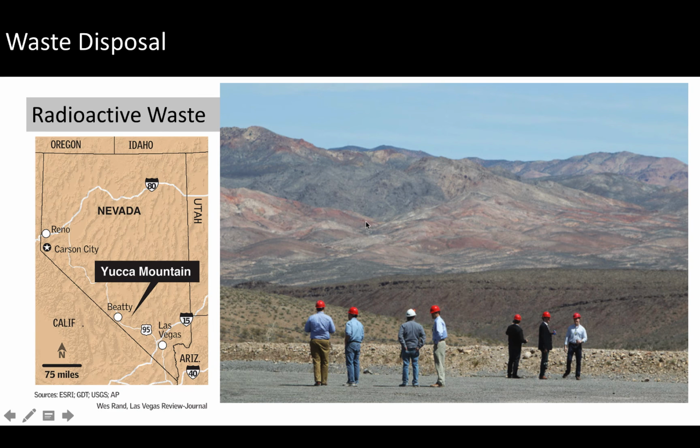Okay? The place we wanted to put spent commercial fuel was one of two. This is Yucca Mountain out here. These guys are all standing on a road that's right in front of it. It's an underground storage facility that has been constructed and researched extensively. It is notorious, in part because it was sort of politically a bullying of the senators in the region who lost out in Congress.